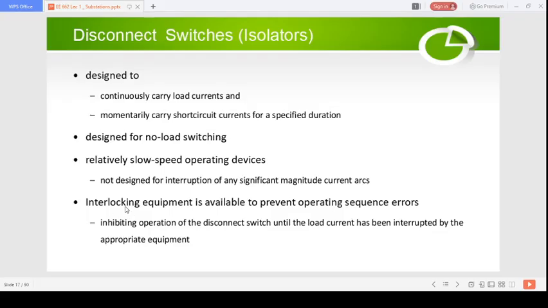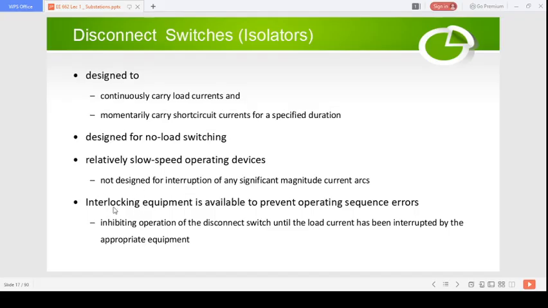And they also use something called interlocking equipment. These are available to prevent operating sequence errors. For example, if you remember, we had a recent blackout a couple of months ago, where the entire country was affected.